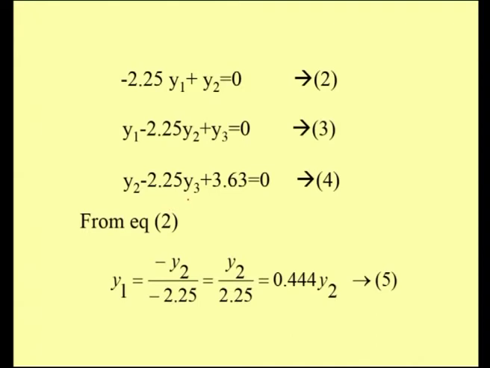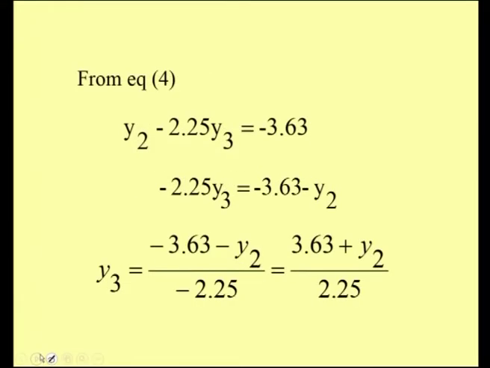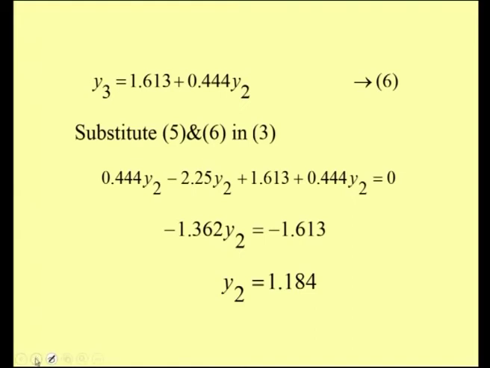First, from the first equation we can find y1 as minus y2 divided by minus 2.25, isn't it? So, y1 in terms of y2 is 0.444 y2, that can be substituted in the other equations, and we ultimately get the equation in terms of y2. So, y3 also is brought in terms of y2, and then everything is substituted. There are 3 unknown variables, y1, y2, y3.